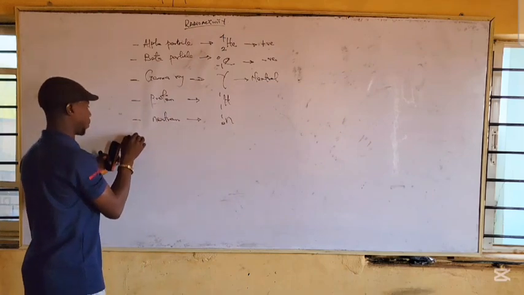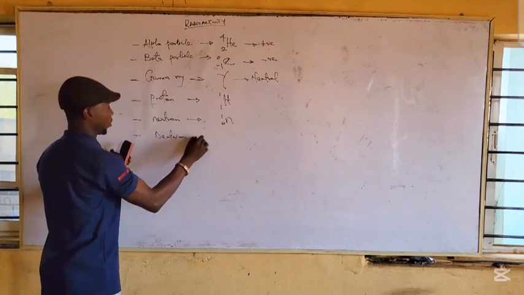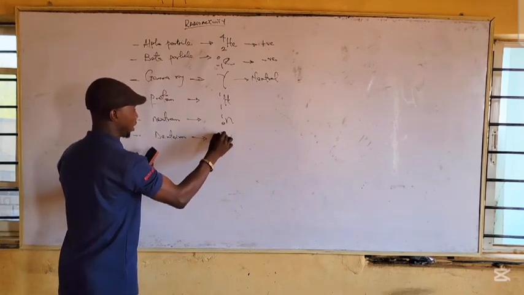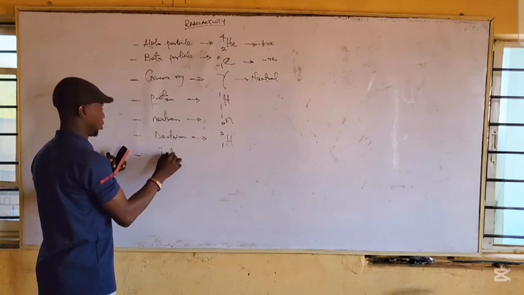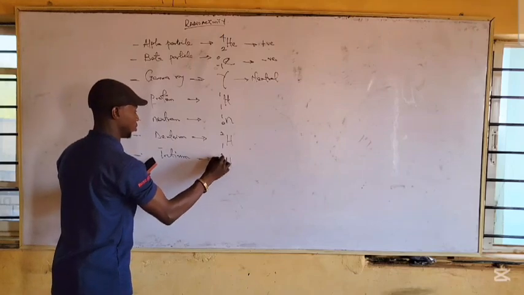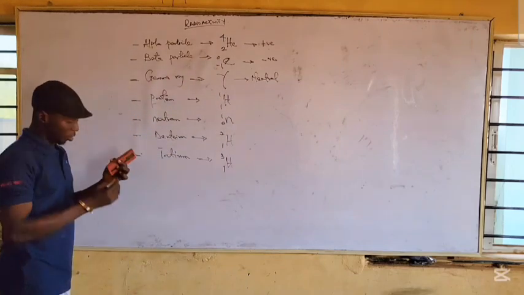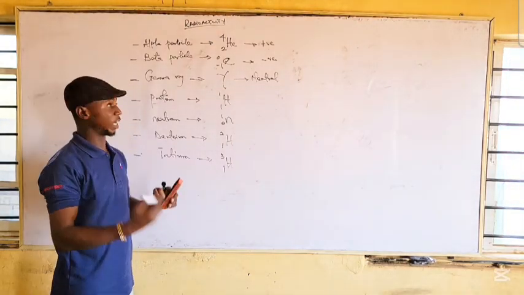We have deuterium, which is H, 2, 1. And we have tritium, which is H, 3, 1. Like that. All these are radiations that can be emitted during radioactivity.